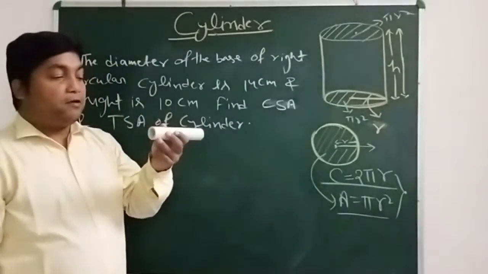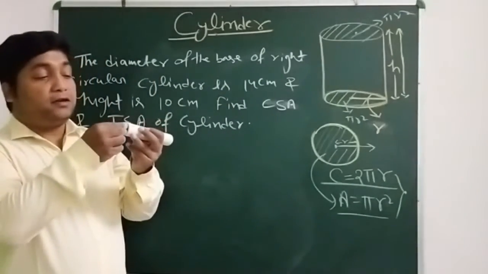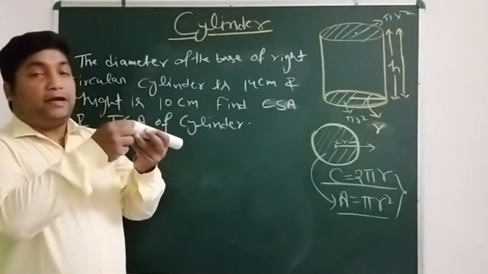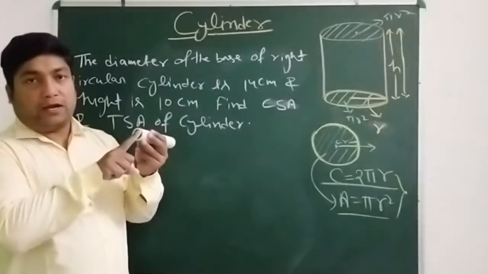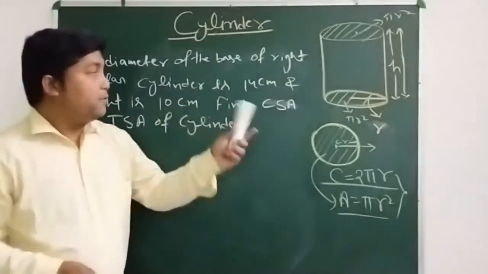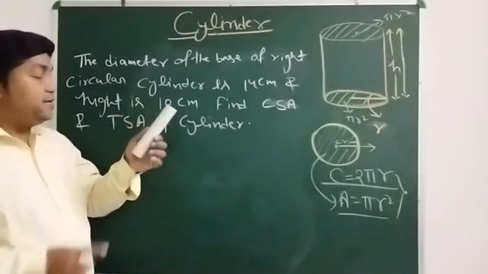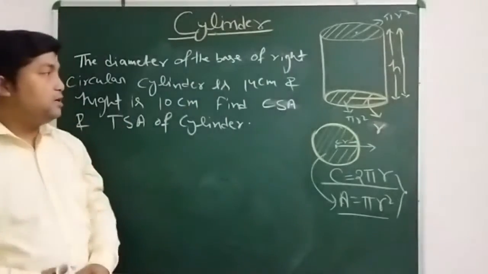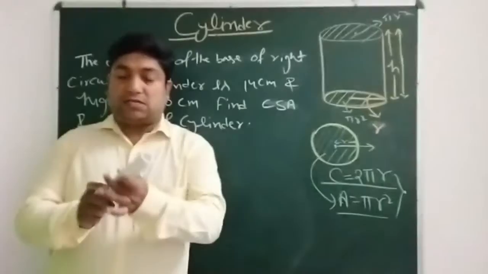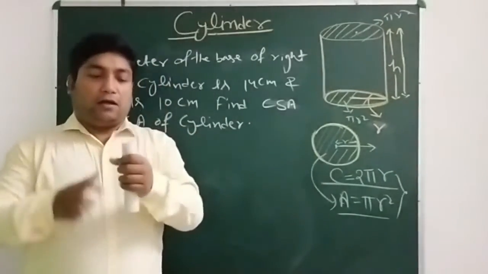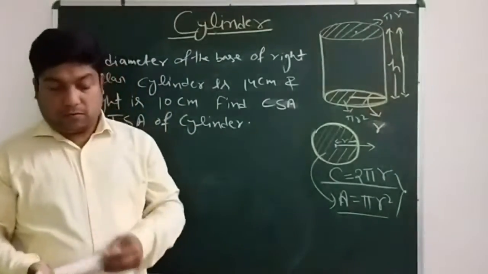What is the diameter? A line that passes through the center is called the diameter. The diameter is equal to 14 centimeter and the height is 10 centimeter. Then find the CSA and TSA of the cylinder. CSA means we have to find the curved surface area, and we also have to find the total surface area.